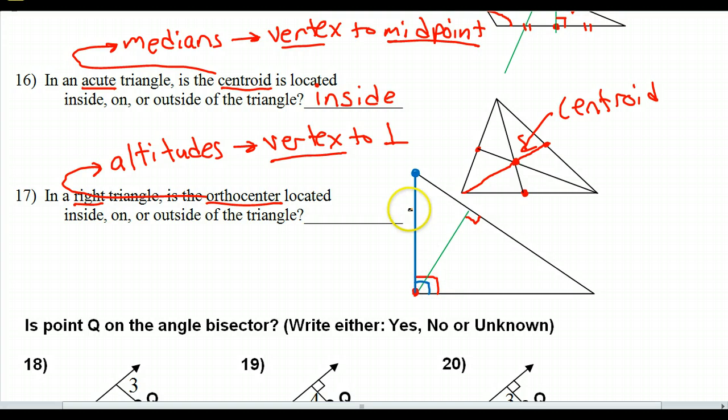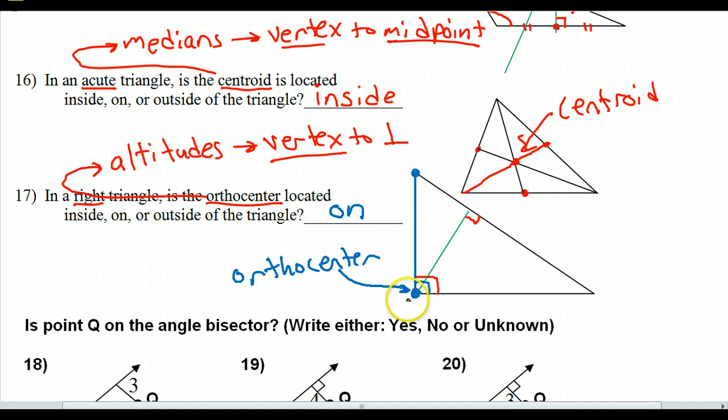So the blue line and the green line are both altitudes. And can you see that they both meet right here? So this point right here at the corner, that is my orthocenter. And it is on the triangle.